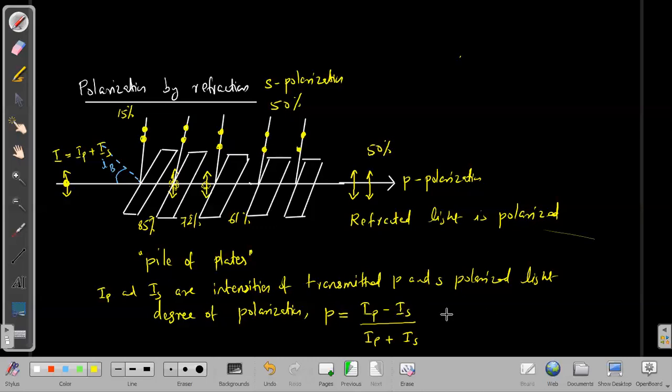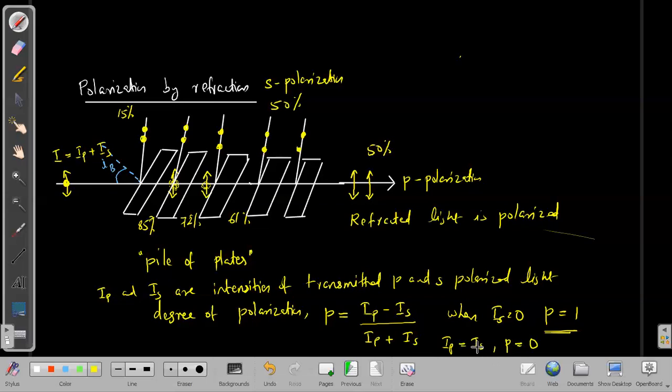So when IS equal to 0, P equal to 1. So that is the maximum value for the degree of polarization. When IP equal to IS, then there is no polarization at all because both are there, and the degree of polarization would be 0.